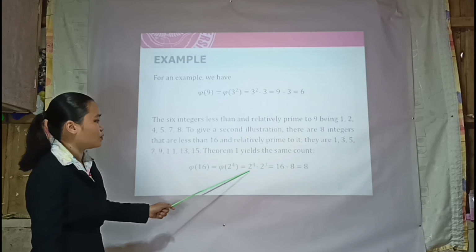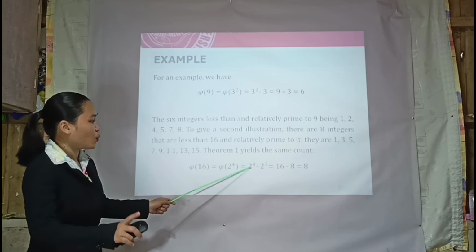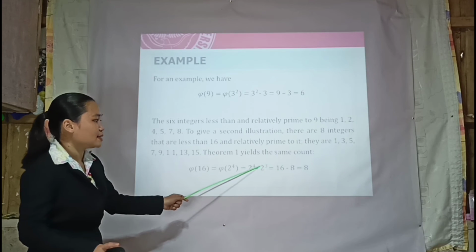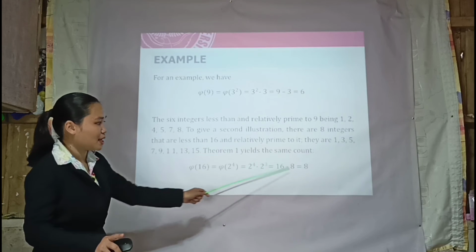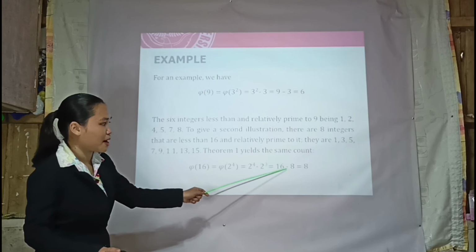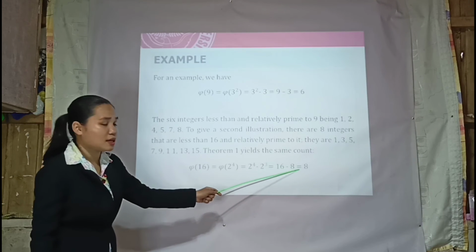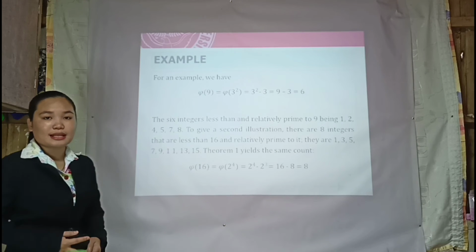So 2 times 2 equals 4, times 2 equals 8, times 2 equals 16, minus 2 cubed, which is 8. So 16 minus 8, we have 8. Did you get it, class?